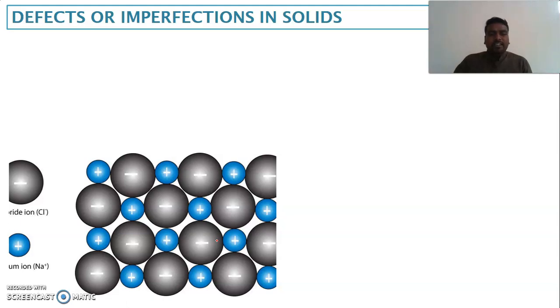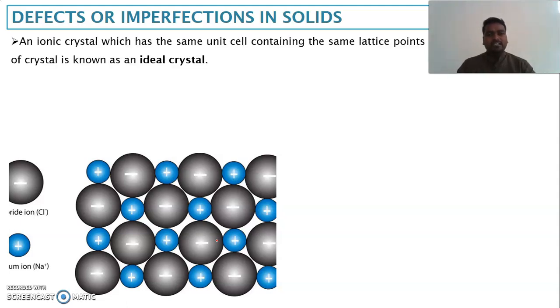But if there is any deviation or departure from this perfection, either in the arrangement of constituent particles or a change or shifting of position in a crystal lattice, this situation is called defects or imperfection in crystalline solids.